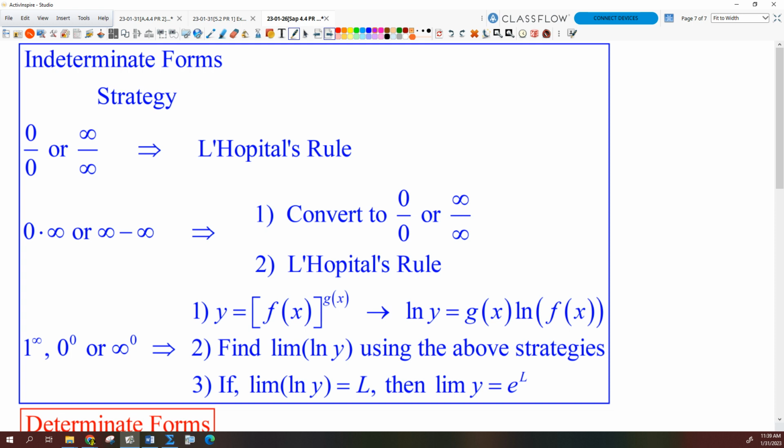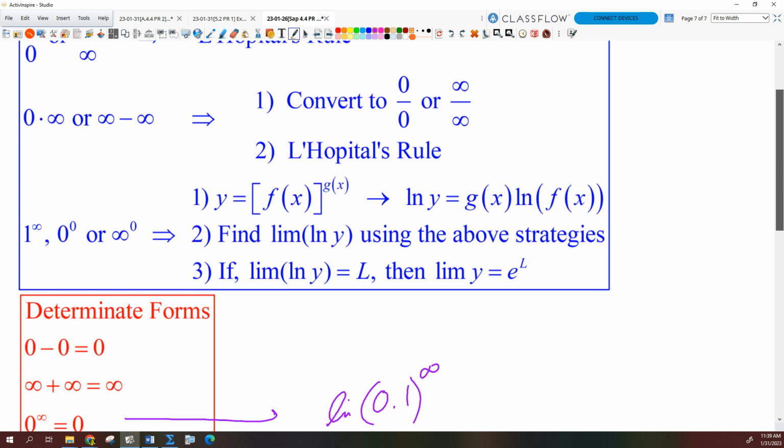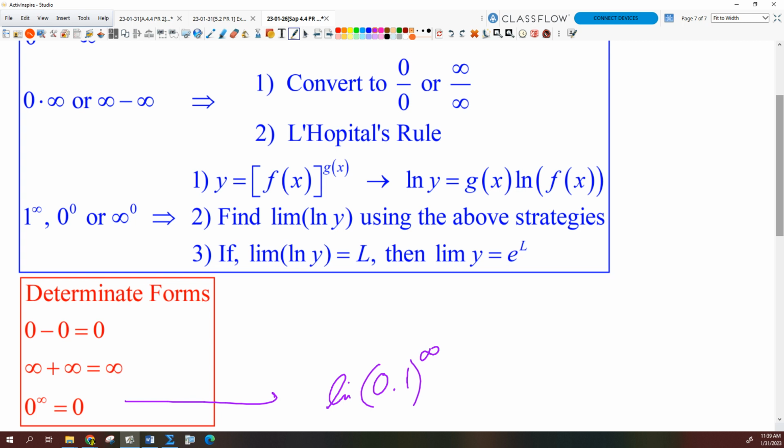How is 1 to the infinity determined? Because it's not really 1. It's 1 point something. See what I'm saying? If it has the form 1 to the infinity, it could be a number like 0.999 to the infinity. You see what that's going to do? It's going to make it smaller and smaller every time, right?